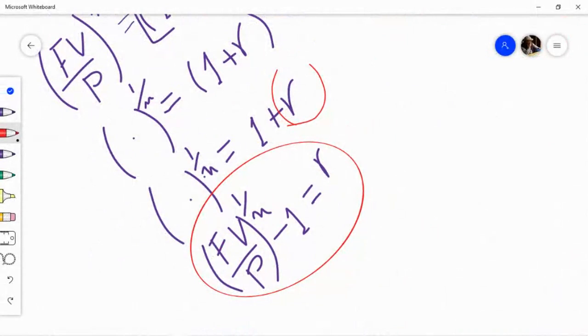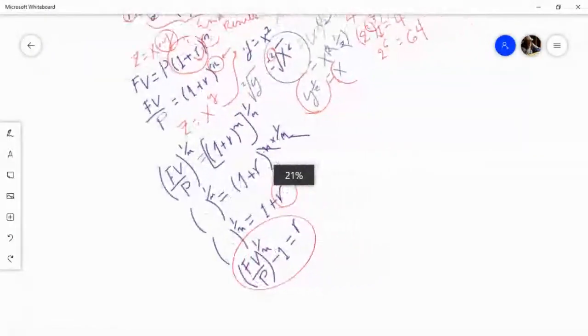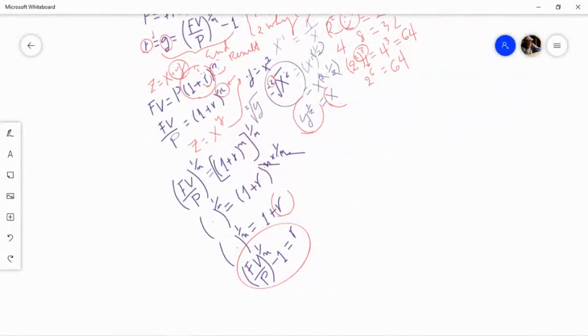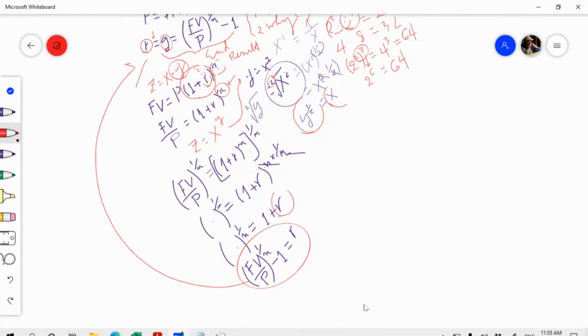Exactly that, right? Everyone is okay with that?